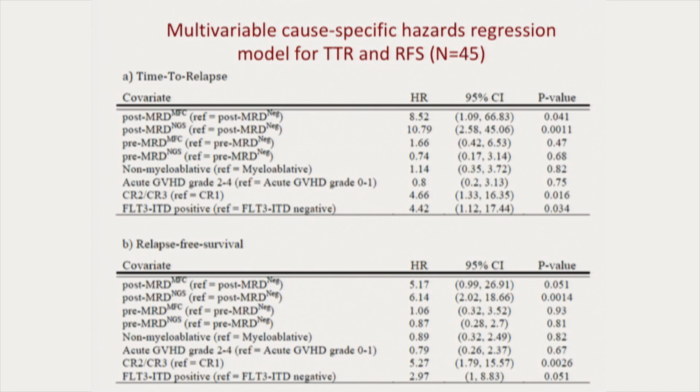In this context, the pre-transplant MRD actually lost its significance, but the disease status, the prior history of relapse, and the FLT3 are of borderline significance as independent risk factors in the context of post-transplant MRD status.